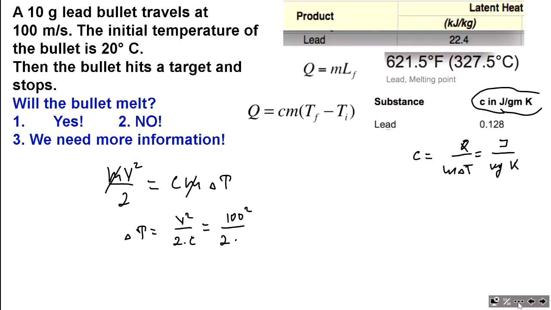But this expression gives for C 0.12 joules per gram Kelvin. So we need to convert gram into kilograms, and that gives 128 joules per kilogram Kelvin. And actually, we had a slide with this number before. Now we have to take a calculator and calculate.